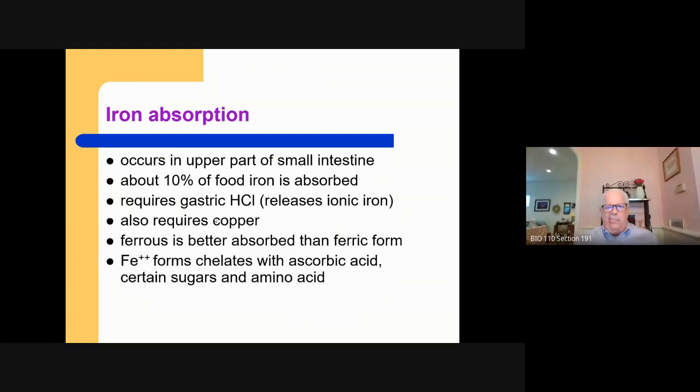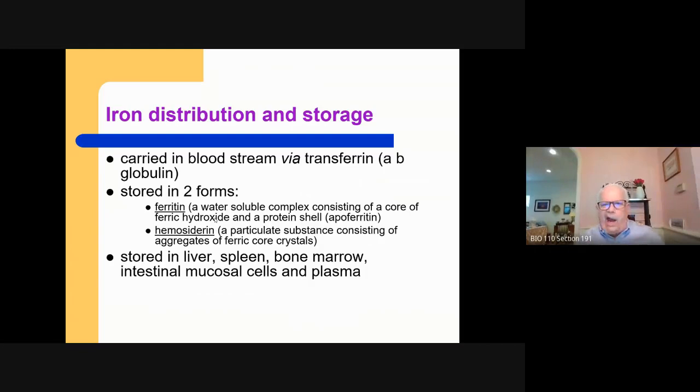How is iron absorbed? It's absorbed like everything else in the small intestine. It's carried in the bloodstream by proteins, and one of the proteins you already learned is ferritin.